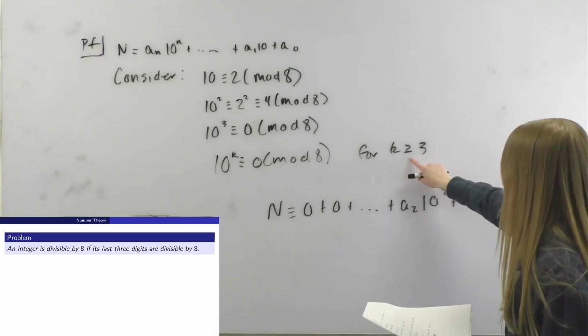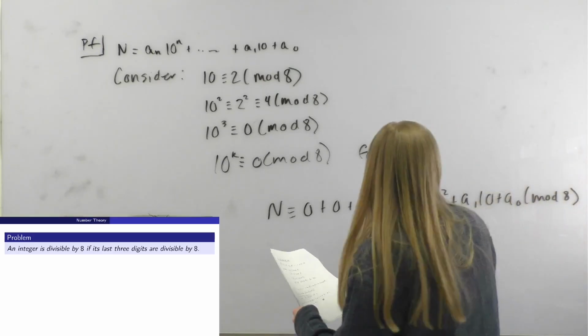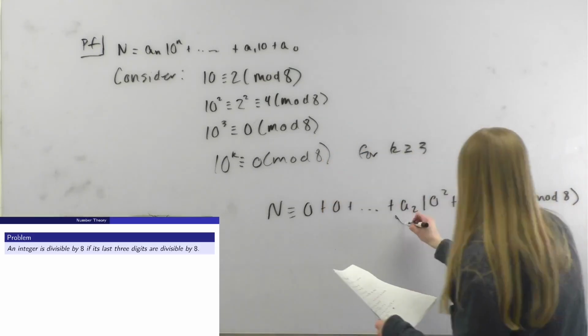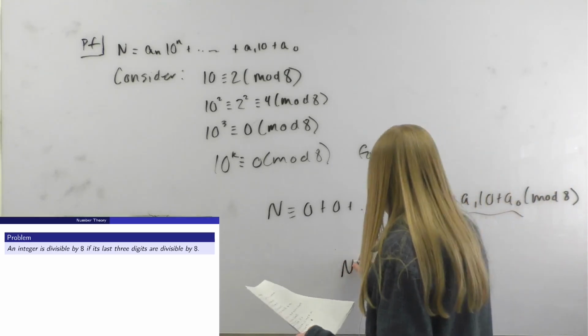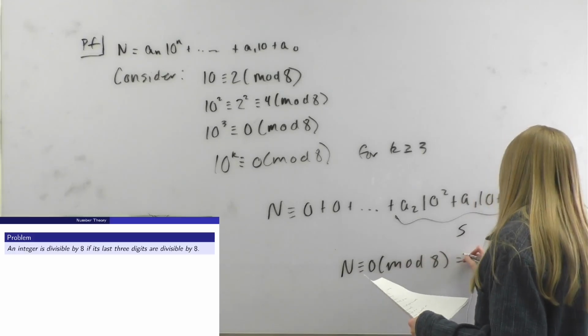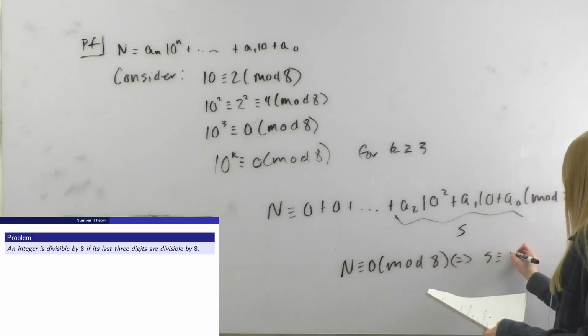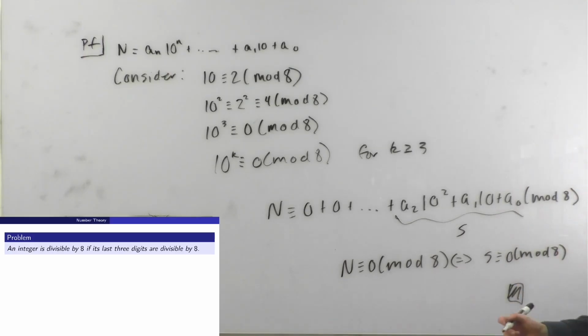This is essentially the same thing as 2 and 4, and now we're at 8. Funny how that all worked. So these are just the last 3 digits of n. We'll call them s. So n is congruent to 0 mod 8 if and only if s is congruent to 0 mod 8. QED. Cool.